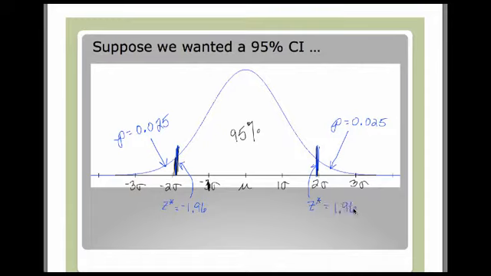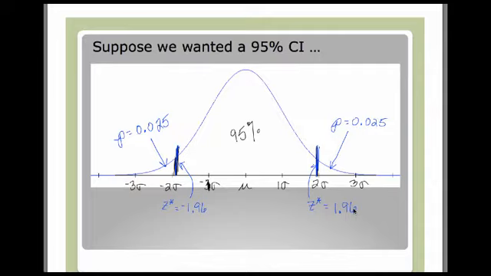Now if you wanted to do that on your calculator, remember inverse norm is always the area to the left. So to find that positive 1.96, you'd have to do the 95% plus 2.5%, all that stuff to the left, and then you'll get the positive 1.96. You have to remember things like that we talked about before.